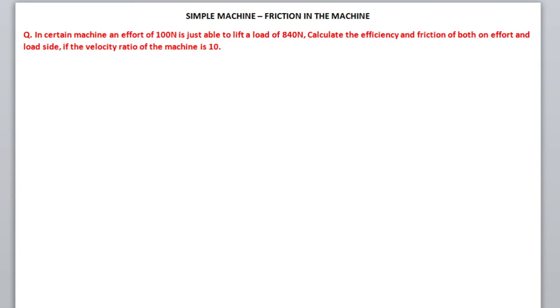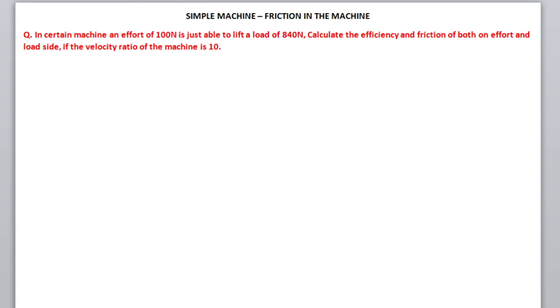Friction in a machine can be defined in two ways. Friction in case of effort, friction in case of load. So what is friction in case of effort?